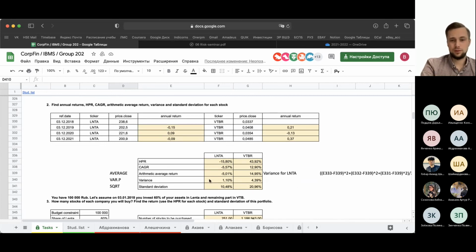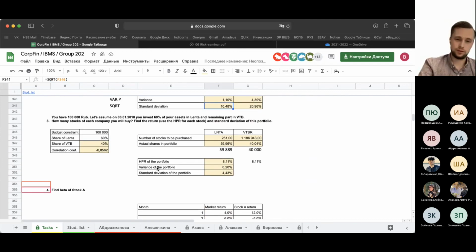So in the solutions, which I will upload, for example, variance is calculated by hand, and somewhere I will upload the correlation calculated by hand. So also look at it because it's important to understand how these values are calculated.